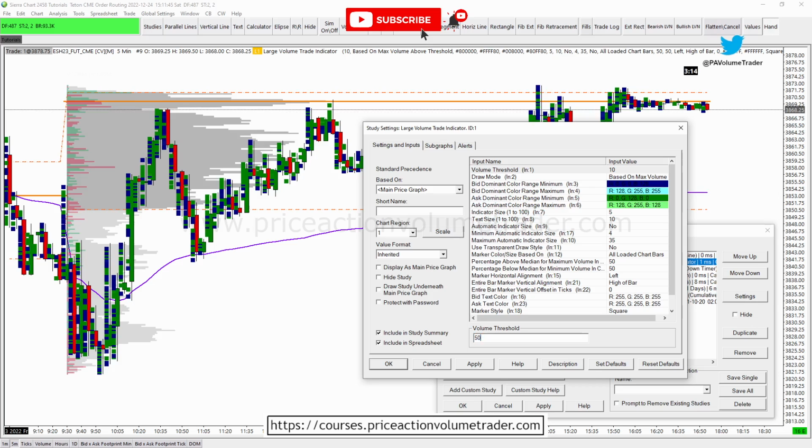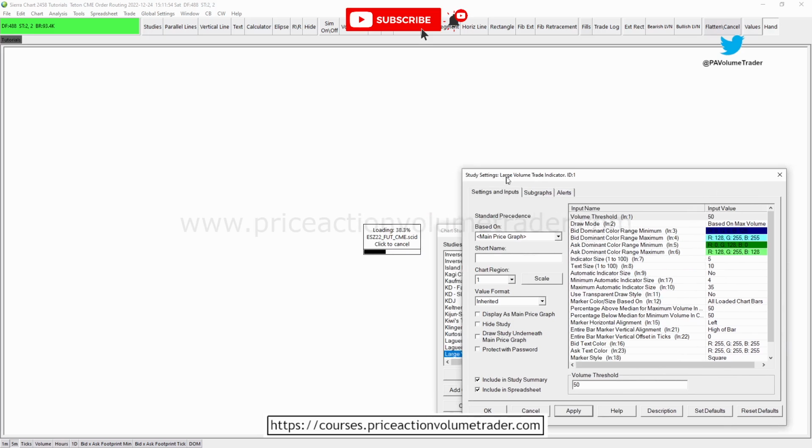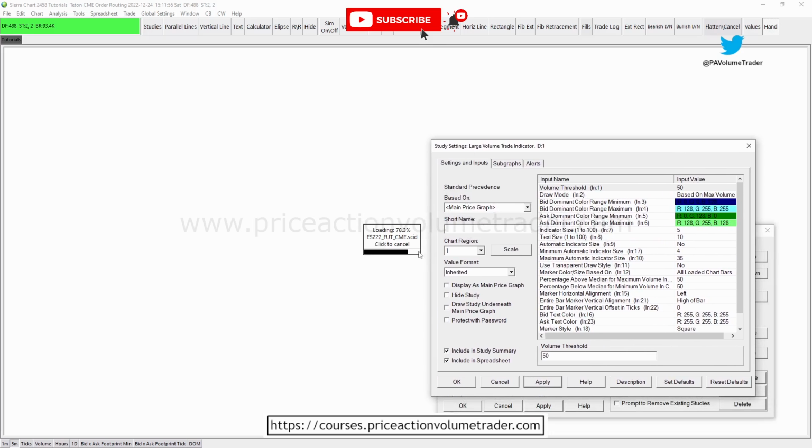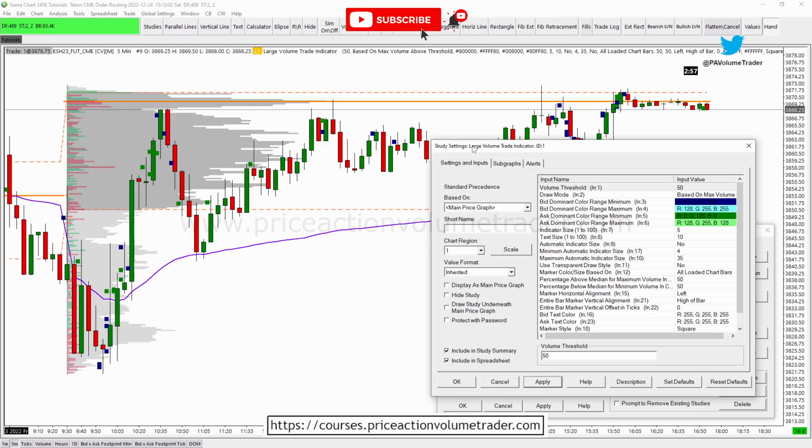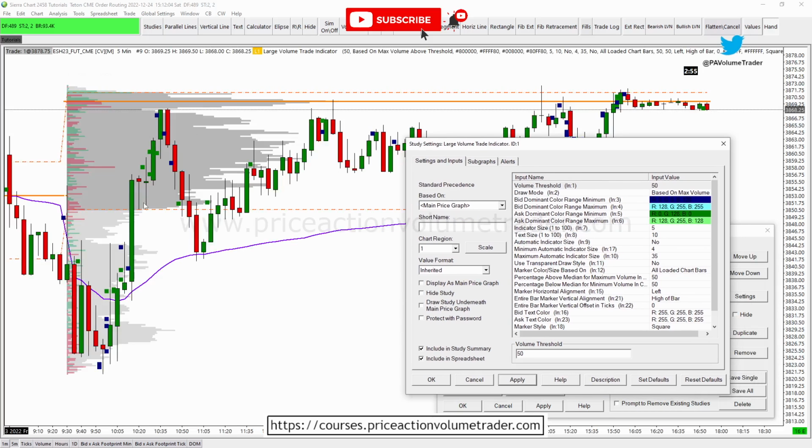First thing, I'm going to put 50 here just as a base number just for this example. I click apply and you'll see the chart is reloading again. And now you're going to see there's a lot less signals. Okay, so you can see now we just get little rectangles in a lot less places. Okay, next thing, draw mode.